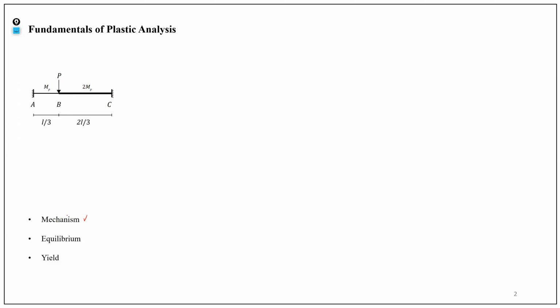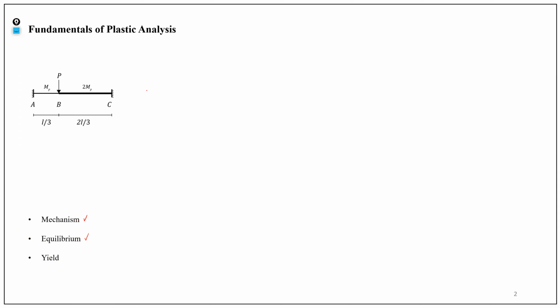And then we need to check the equilibrium equation, derive them, and check the internal actions using the equilibrium equation. These two are the basis of the unsafe theorem. And if it satisfies the yield condition all over the structure or beam, then it is our unique answer. But up to this point, it gives an upper bound value. Let's get started.